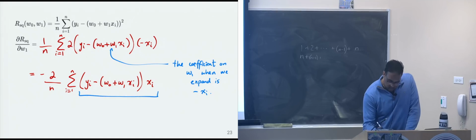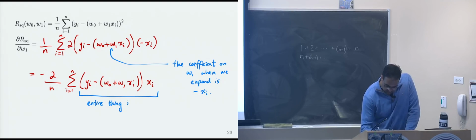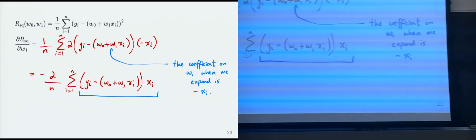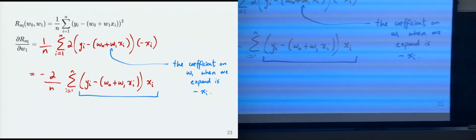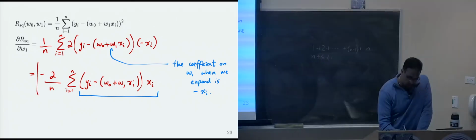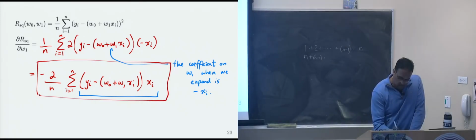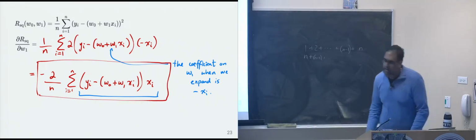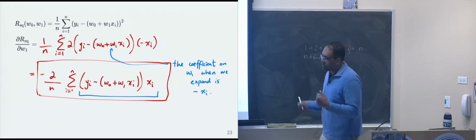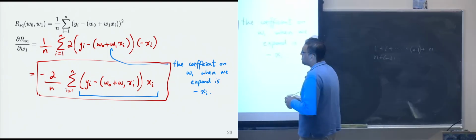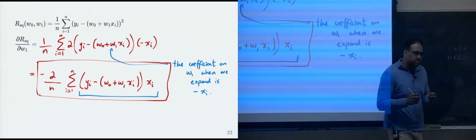So we'll say the entire thing. Well, yeah, I'll leave it like that. But we found now the partial derivative with respect to w1 of our empirical risk. So that's the second piece of the puzzle.